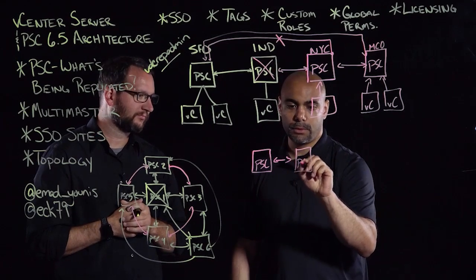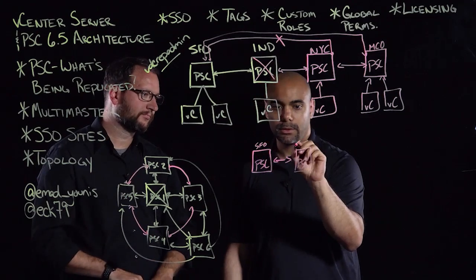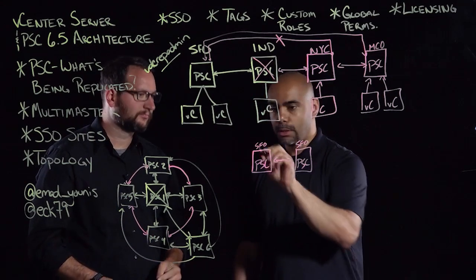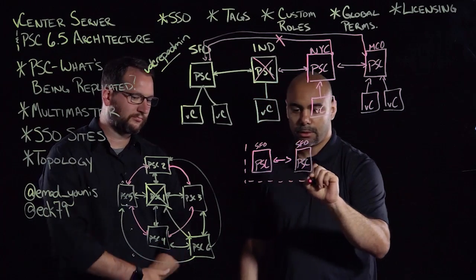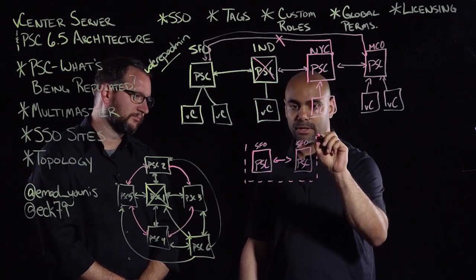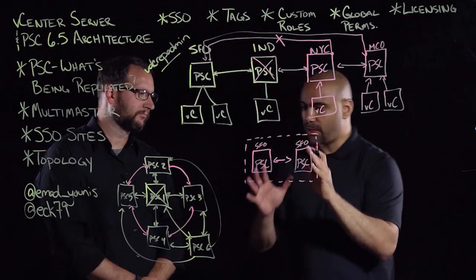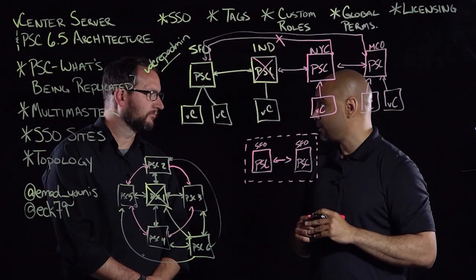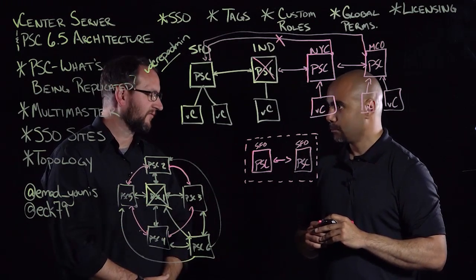So here we go, PSC, and I'm going to put SFO here, and then I'm going to basically draw this, and that represents that they are in a site. Okay, so we've got two PSCs within the San Francisco site.